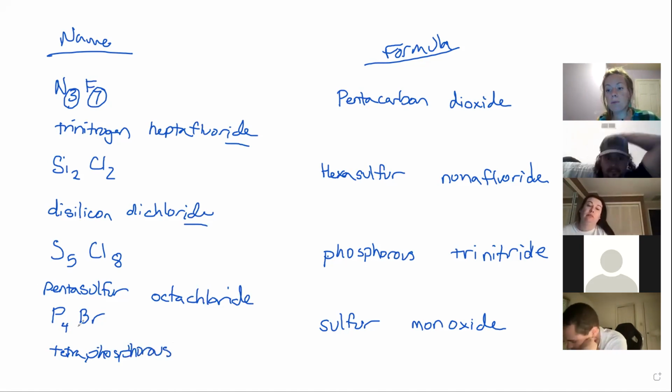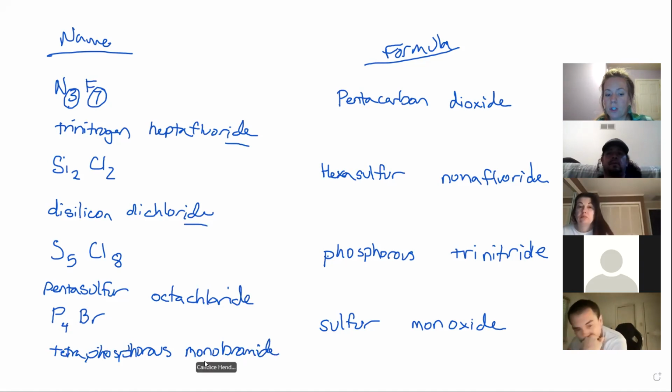And then I have 1 bromine, but I do need to specify that I have 1 because that 1 is on the second one. So I'm going to have to call this thing monobromide. Okay, we don't ditch mono if it happens to fall on the second one. Just remember your carbon monoxide. No mono on the first, mono on the second.